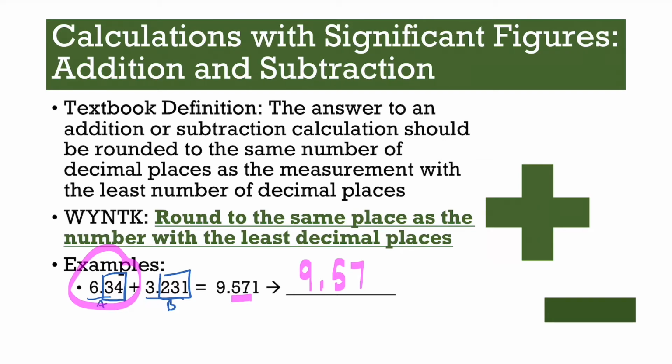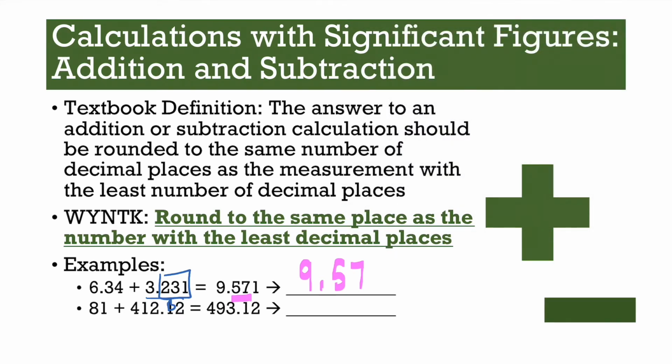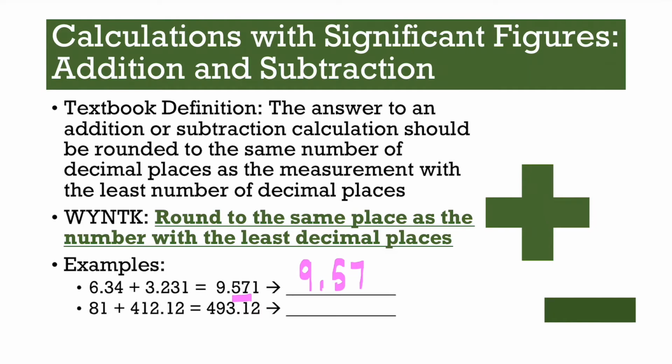Now, when we're talking about addition and subtraction, it doesn't matter the numbers before the decimal places. It's just talking about the decimal places. So here we have 81 and 412.12.